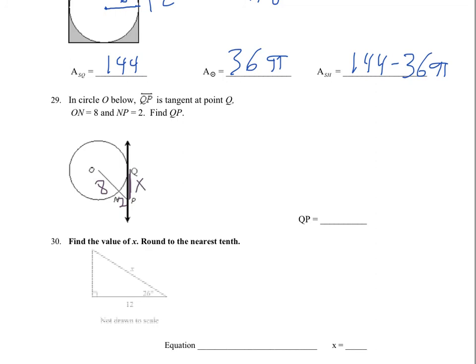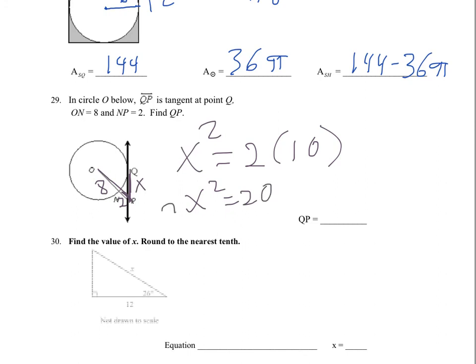Our tangent segment, we're going to square it and set it equal to our exterior segment, 2, times the whole segment, which in this case is 10. So we have x squared equals 20. Take the square root of both sides, and the square root of 20 simplifies to 2 radical 5, which is the length of QP.